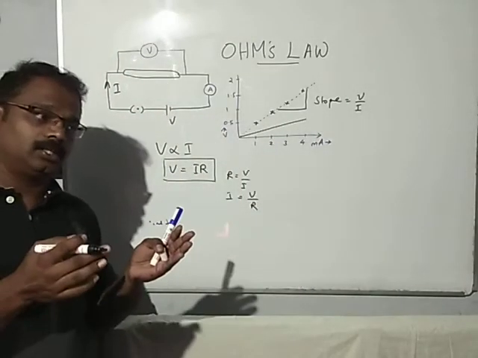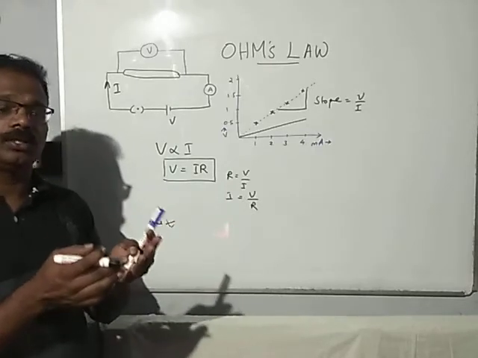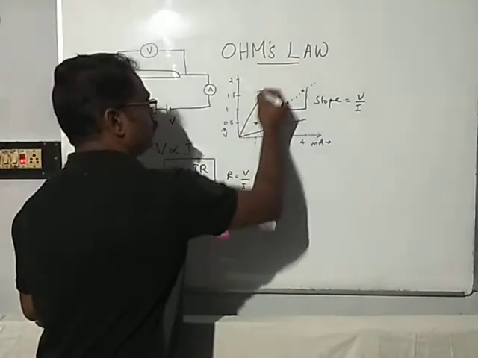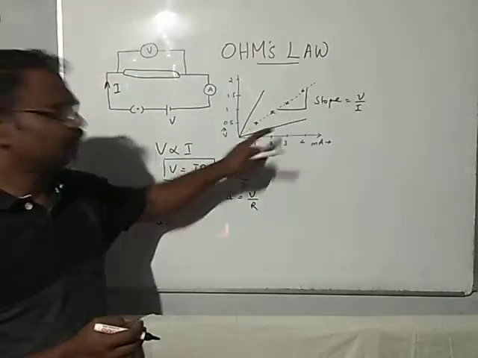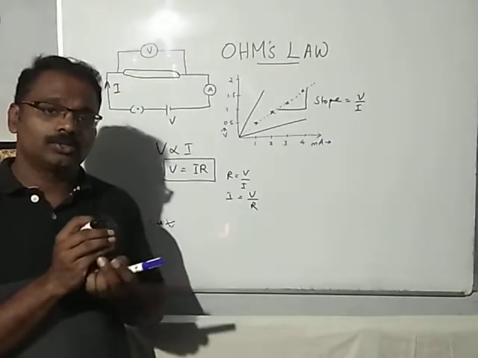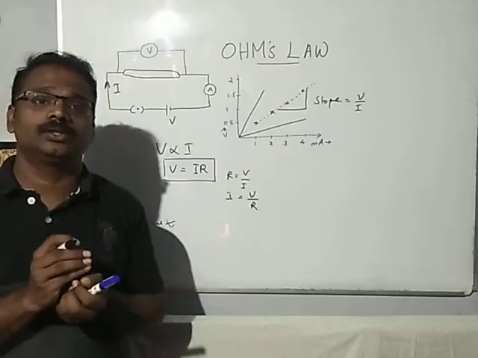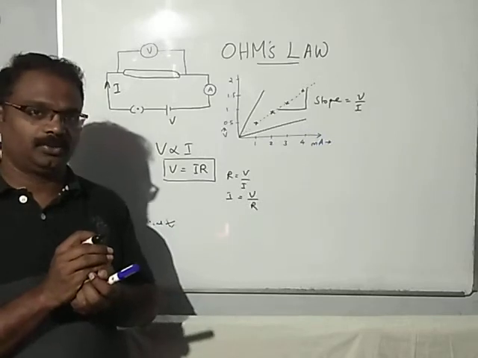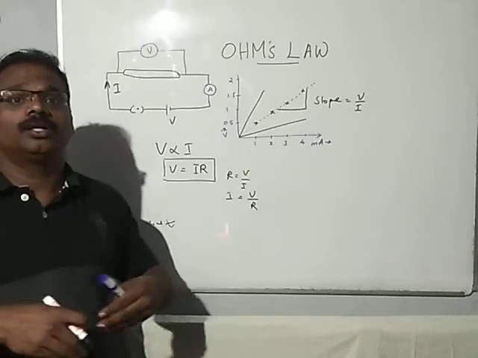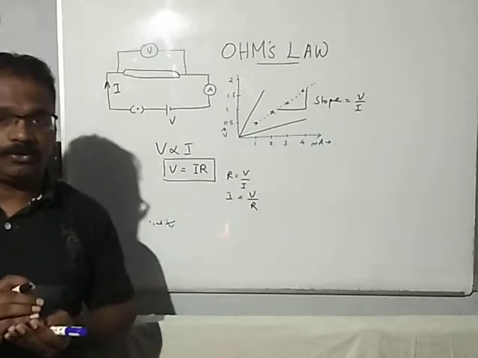The resistance of the conductor is less or higher compared with other resistances. For this graph, the slope is very small, so we can say that the resistance is also very small. That means the resistance is very low, so it conducts more current for a particular value of voltage.